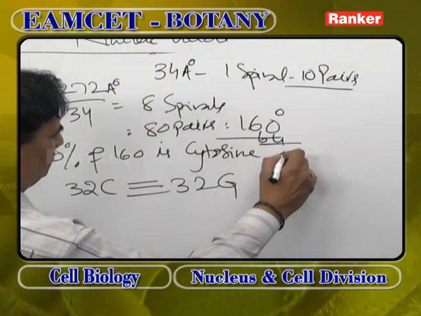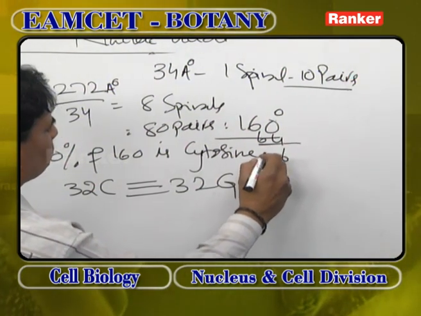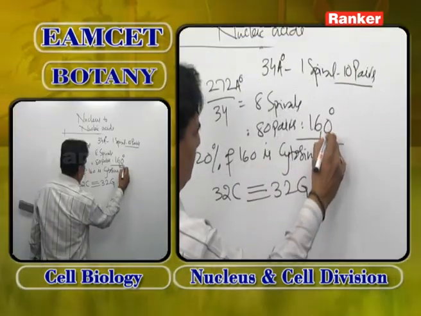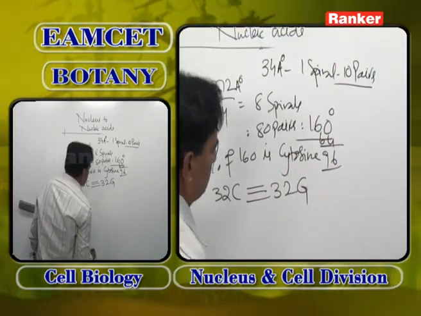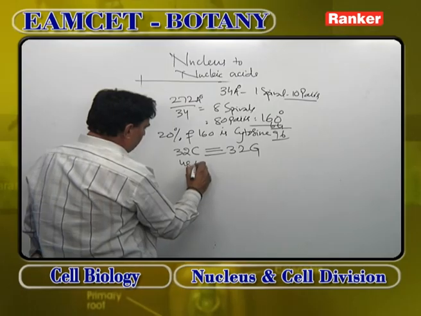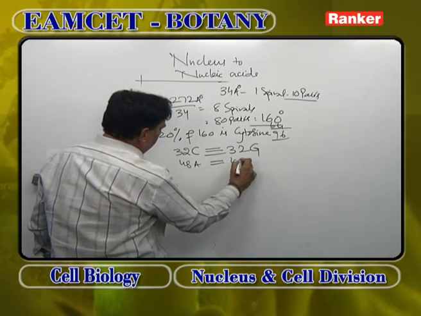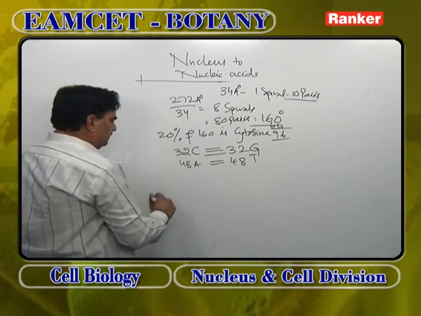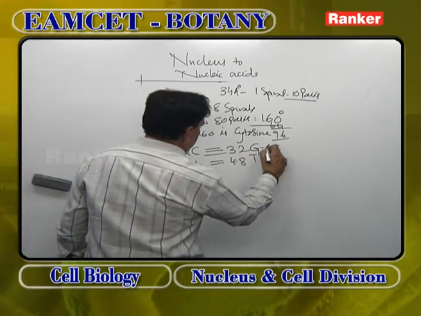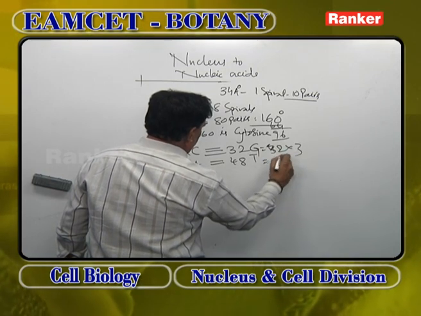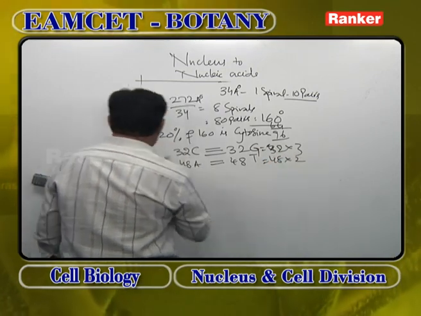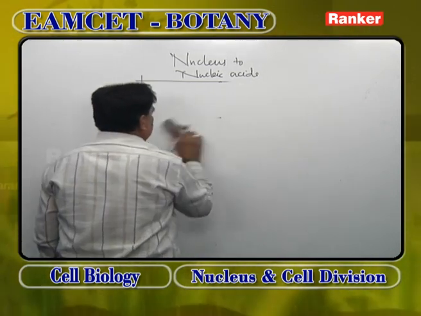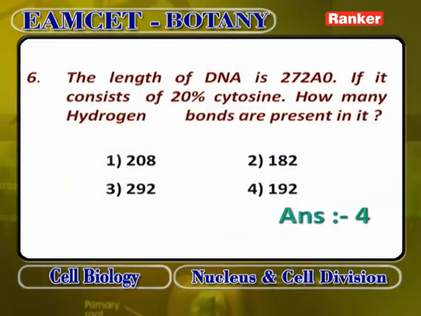Remove 64 from 160, that leaves 96. So, 48 are adenines and 48 are thymines. Now, 32 into 3, 48 into 2, and so on. By this you will get the hydrogen bonds.